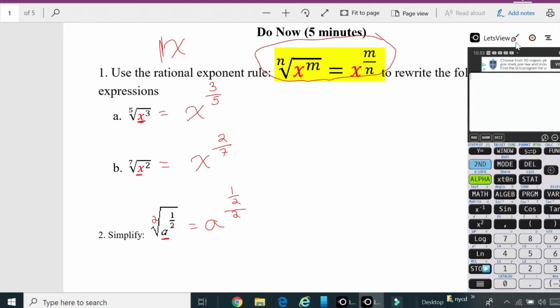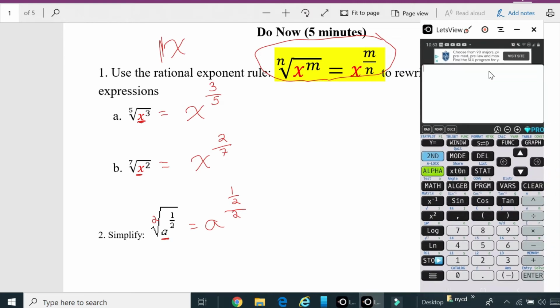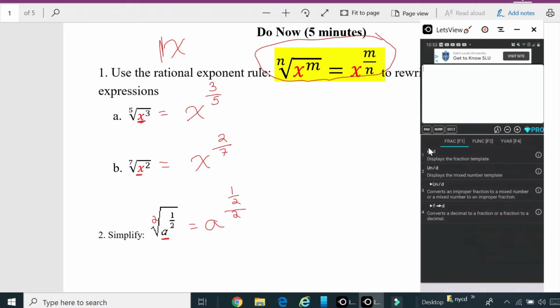So what you do here, you hit alpha, then y equals, then the first one, nd, so you hit that. Now I'm in fraction mode.